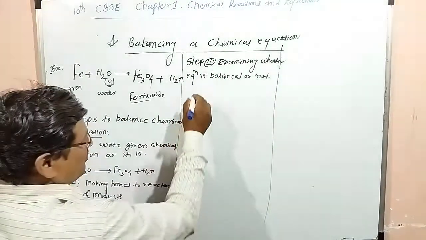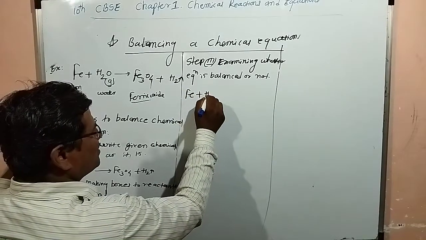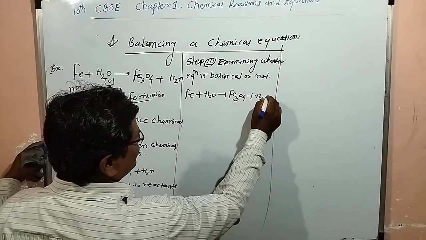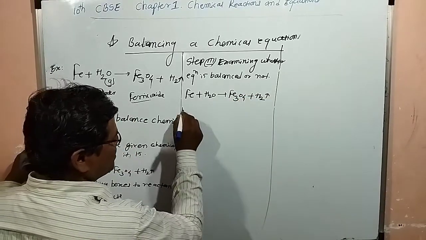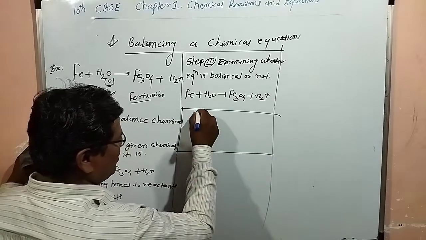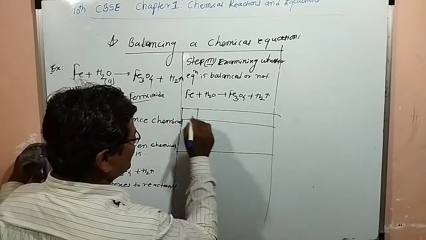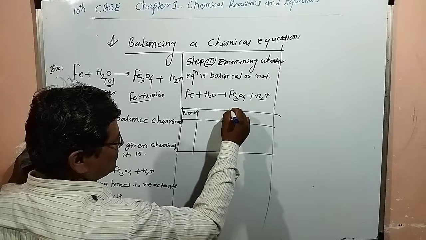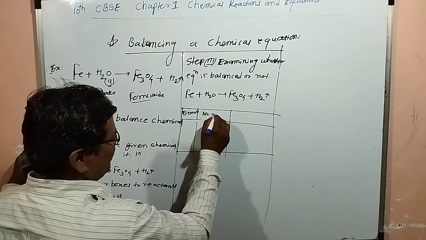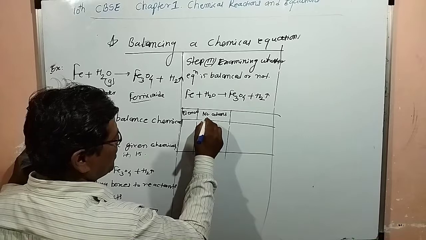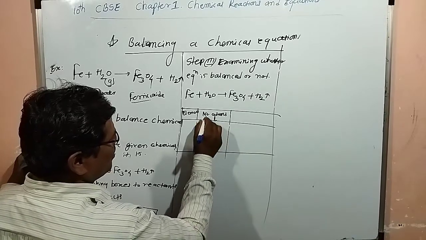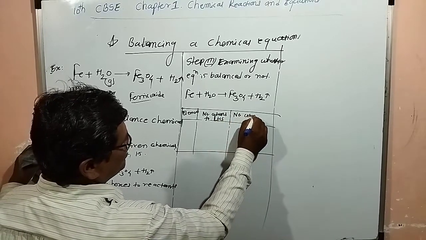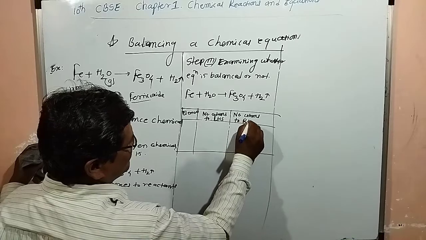You take the chemical equation again, Fe plus H2O gives Fe3O4 plus H2 gas, and here you make a table with columns. In the first column you write elements. The second column is the number of atoms in LHS, and then the number of atoms in RHS.